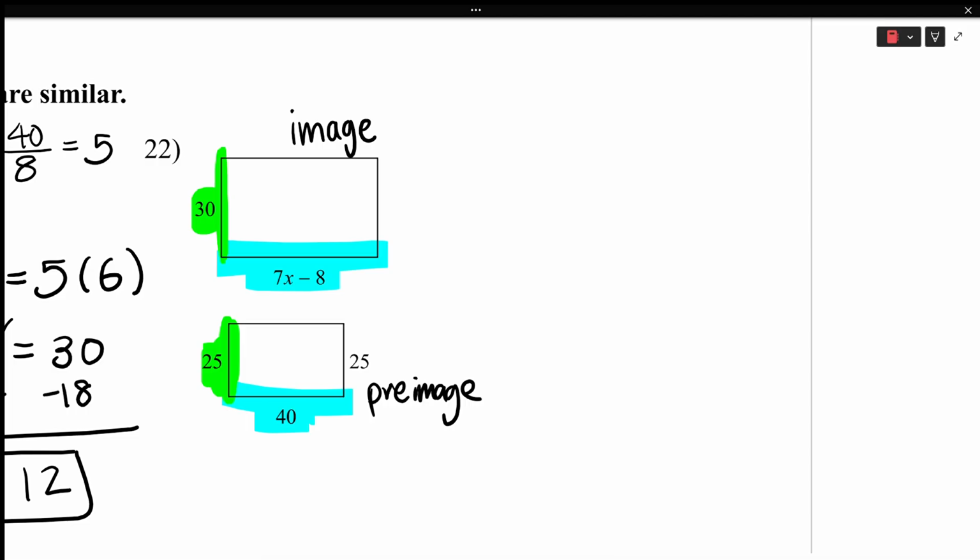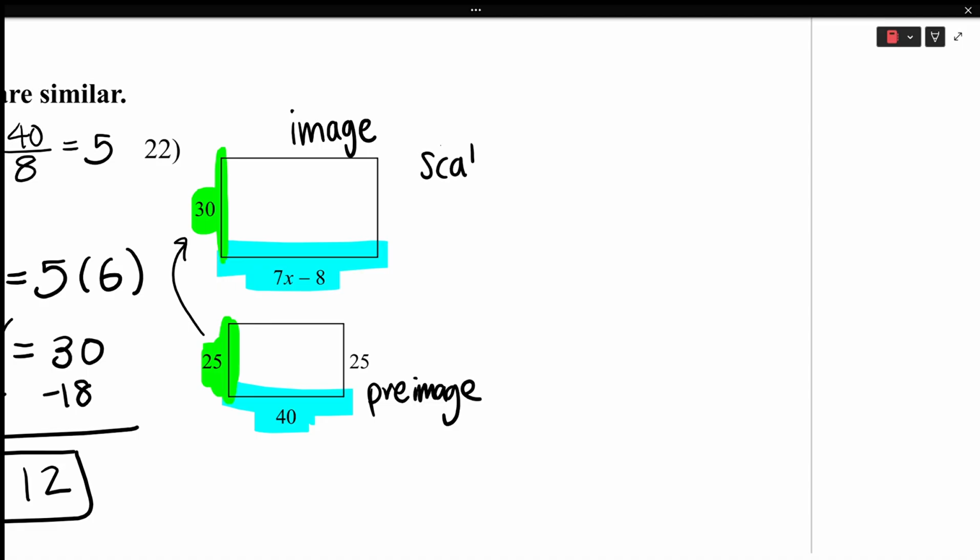How do I go from 25 to 30? What am I multiplying by? It's going to be a fraction here, because there's no whole number you can multiply 25 by to get 30. But we know it's greater than 1 because it's getting bigger.